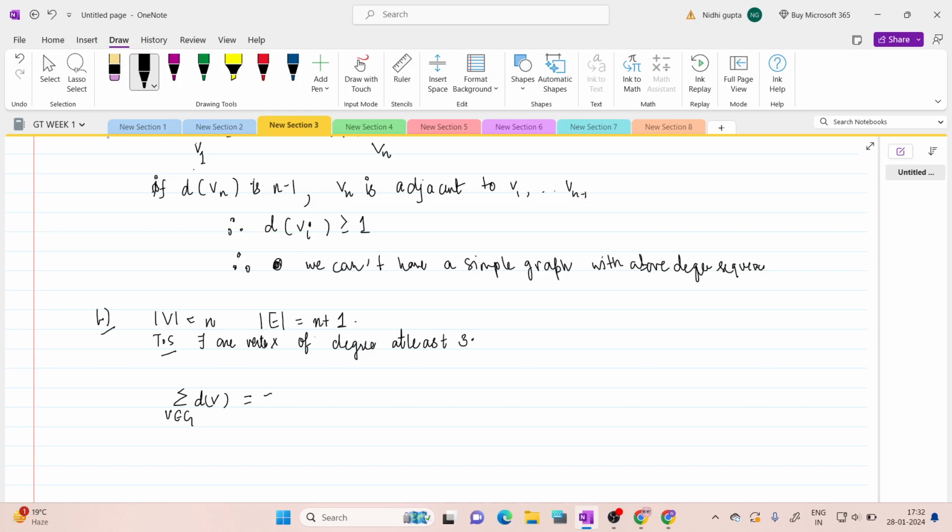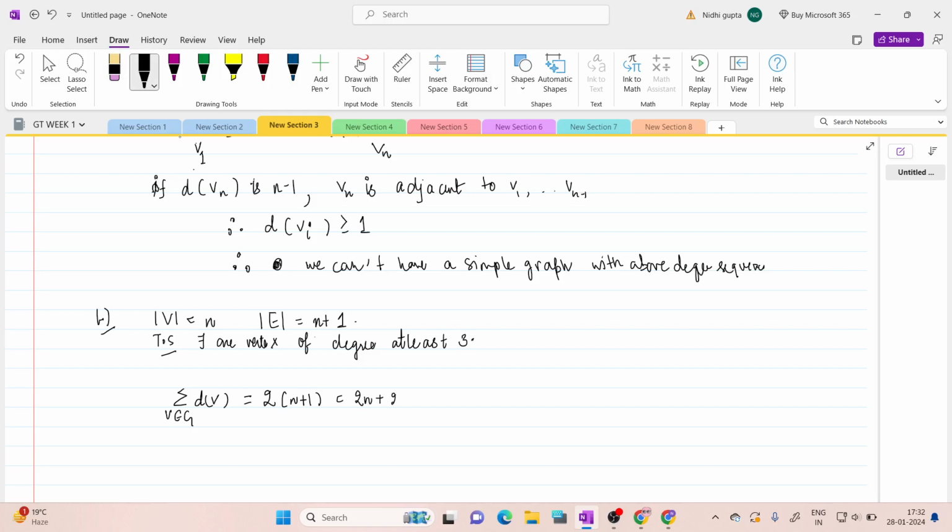By the handshaking lemma, we know the sum is twice the number of edges, which is 2n plus 2.